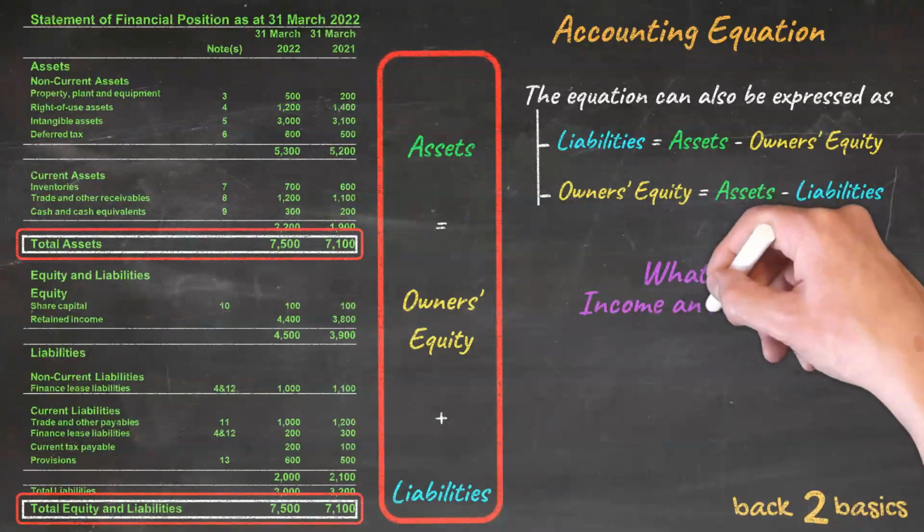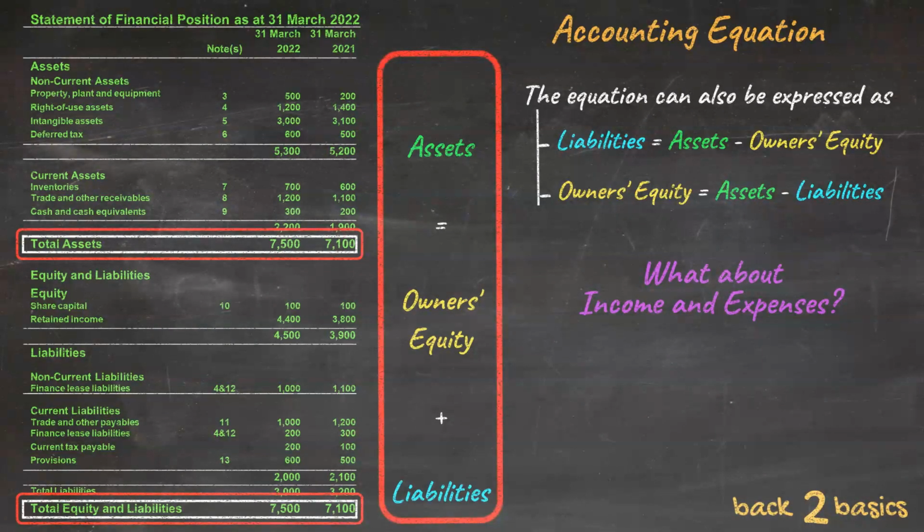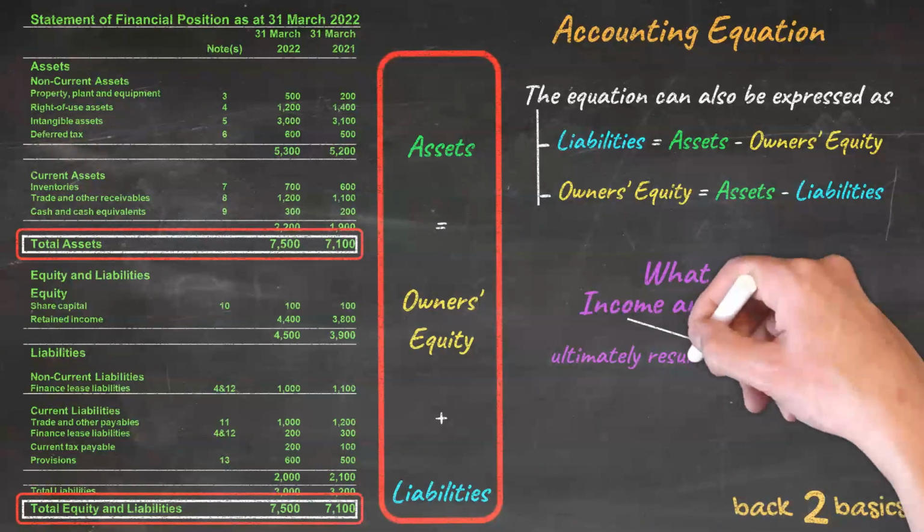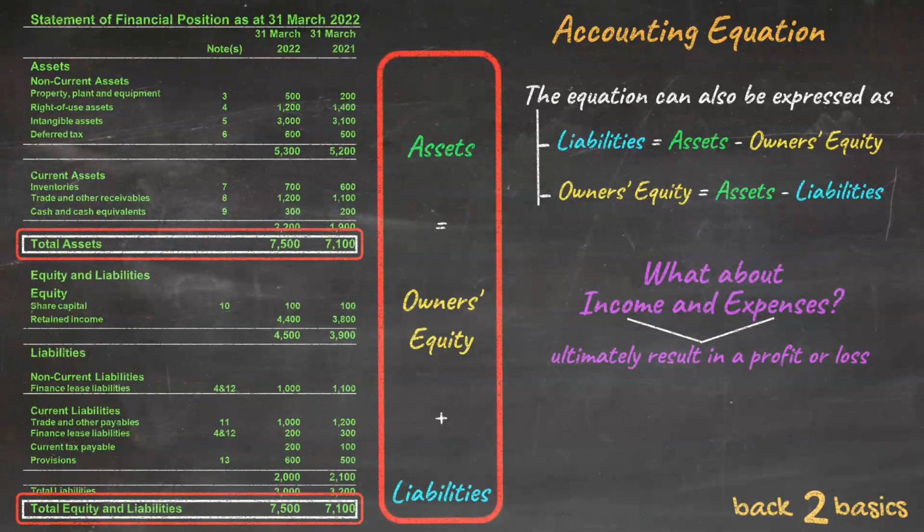But what about income and expenses? Income and expenses relate to the entity's financial performance, and it will ultimately result in profit or loss for the period. Thus, owner's equity or capital includes funds invested by the owners, less drawings, plus profits, less losses.